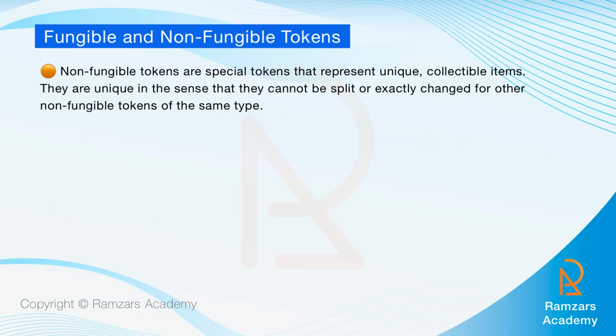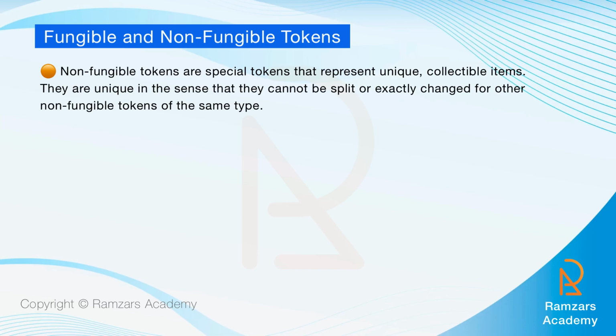Now let's talk about non-fungible tokens. Non-fungible tokens are used to represent unique items, for example rare collectibles in a game. They are unique as they have some distinct property and cannot be split or exactly exchanged with other non-fungible tokens of the same type. NFTs, with their property of uniqueness, offer opportunities for using blockchain technology in a vast variety of use cases.